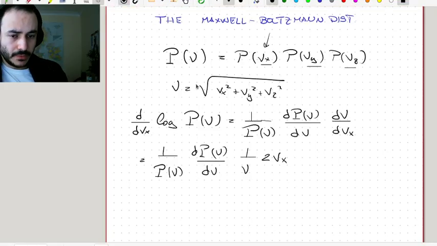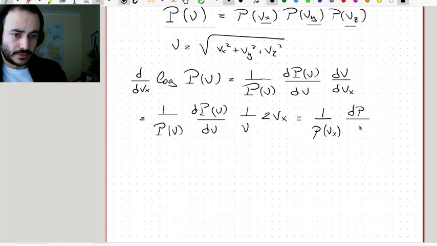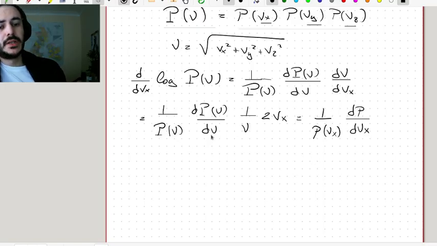Fine, and this is just taking the logarithmic derivative of the left hand side of this expression. Now let's take the logarithmic derivative with respect to vx as well of the right hand side. What we get then is simply 1 over this little p of vx and the derivative of little p with respect to vx. Okay, so let's just rearrange this. I'm going to send this to the right hand side.